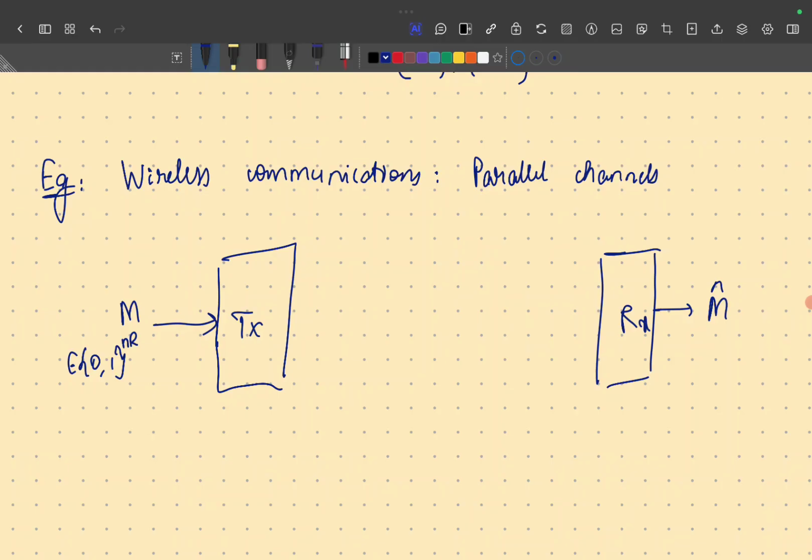Okay. So what does this noisy medium look like? We'll model it in this specific form. The noisy medium can be represented as a stream of parallel channels. There are, let's say, P channels.